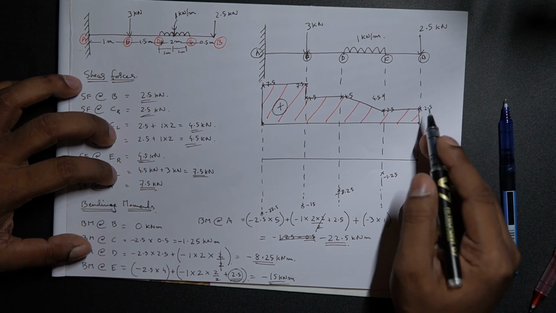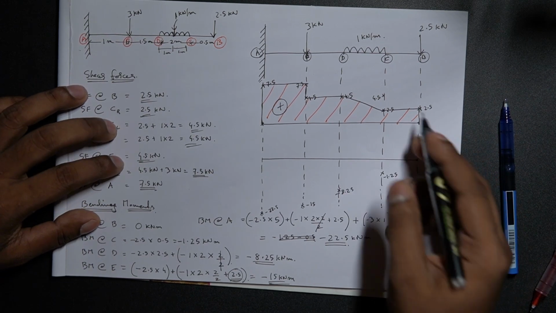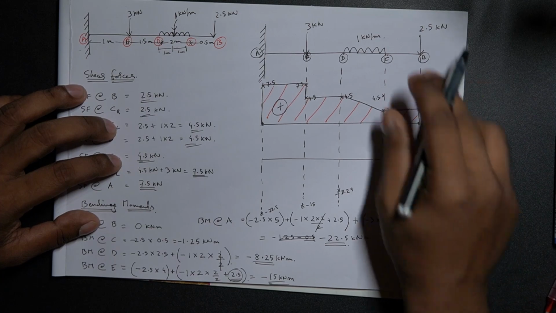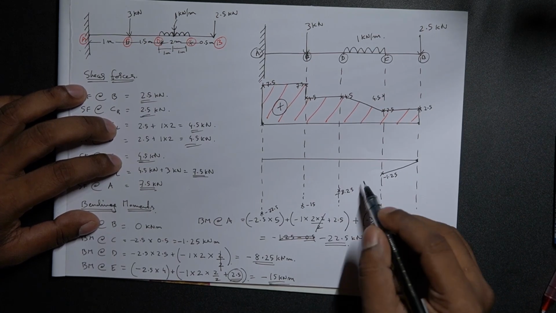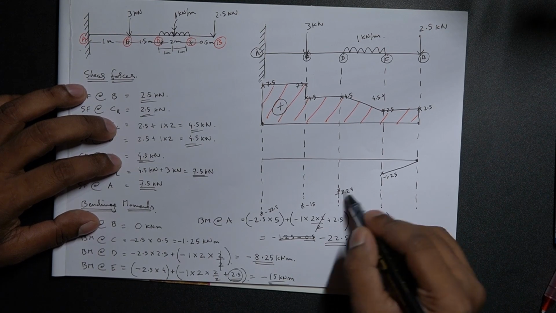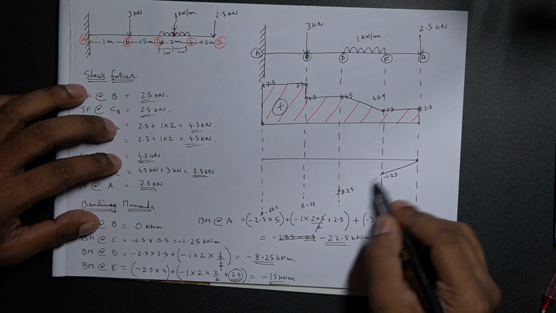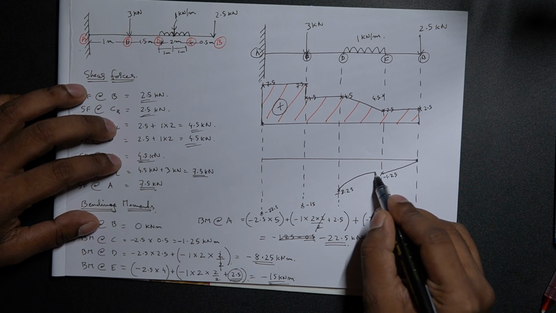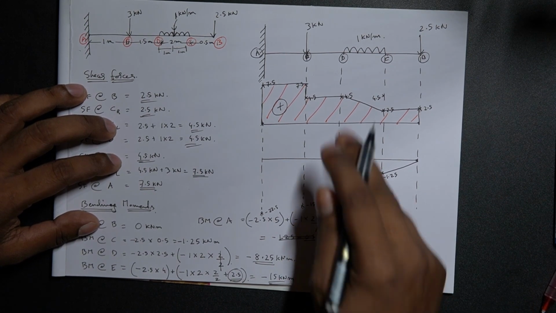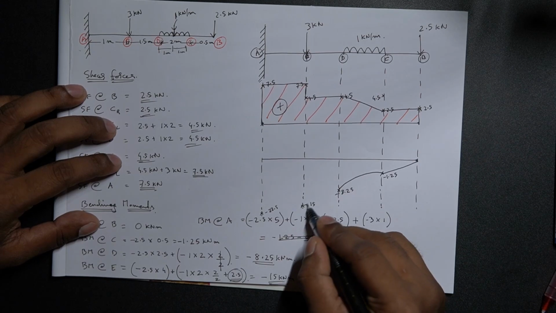For a point load, when you're drawing the bending moment, it's linear over here. But for a UDL, the bending moment cannot be linear, it will be parabolic. So we cannot go with a linear line over here. The line should be parabolic. So that's the parabolic part over here. Again, it's a point load over here, so it will be linear again.